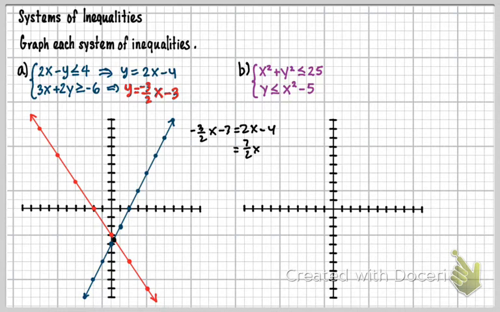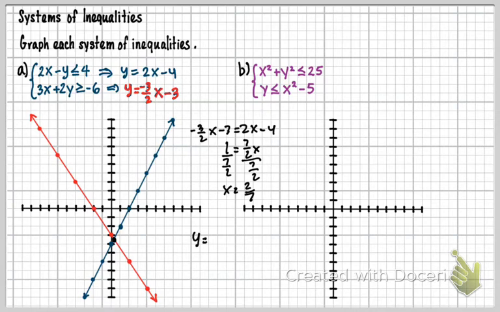Then on the left I'm going to add a 4 to take the 4 over here, and that's going to be a 1. So then I'm going to divide by 7/2, and x is going to equal 2/7 because I have to flip that and multiply. So then I just plug that in and get my y value.